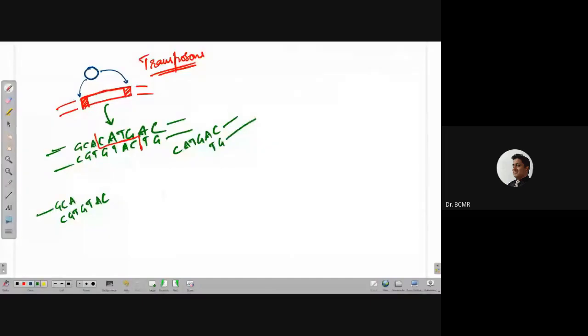Now this transposon that is present here is going to get integrated here. I'm going to draw it again, just representing the borders. These are the inverted repeats that are essential to be recognized by the transposase for mobility from one place to another, or transposition. Now we have some gaps. This is a gap, right? And so is this.